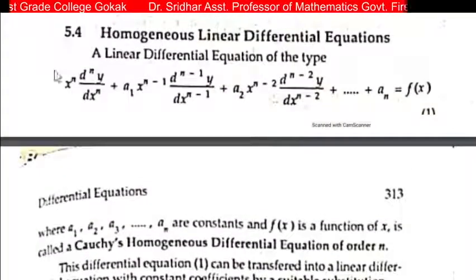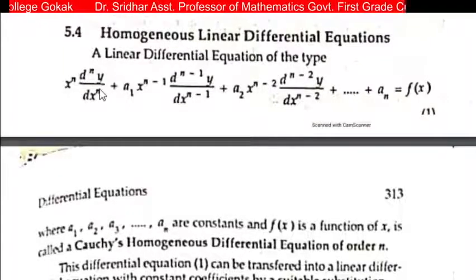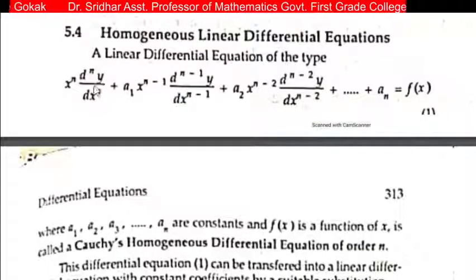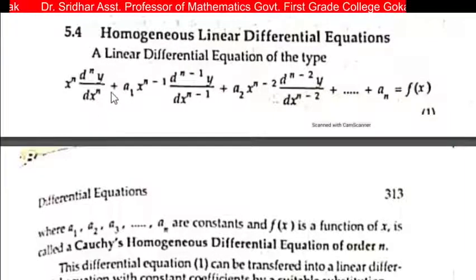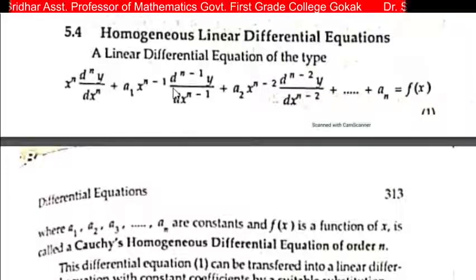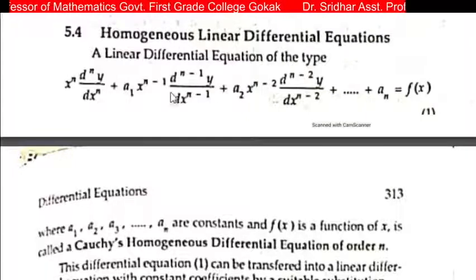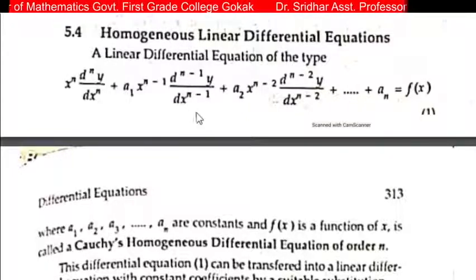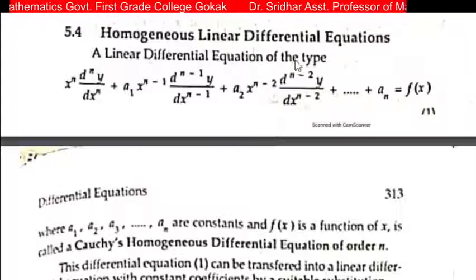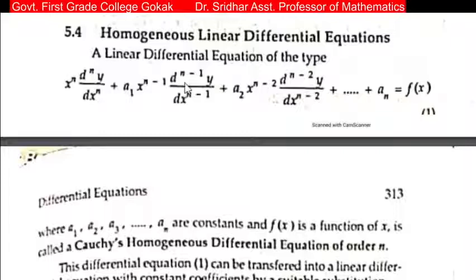So here first we replace all the differential coefficients. Here d^n by dx^n is replaced by capital D raised to n, d^(n-1) by dx^(n-1) is replaced by capital D raised to n minus 1, and similarly this is replaced by capital D raised to n minus 2, and so on.